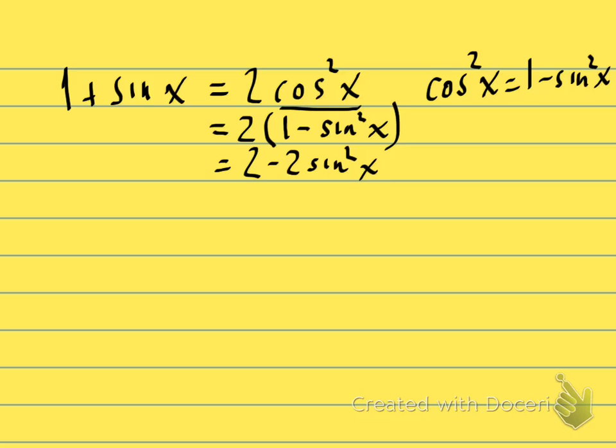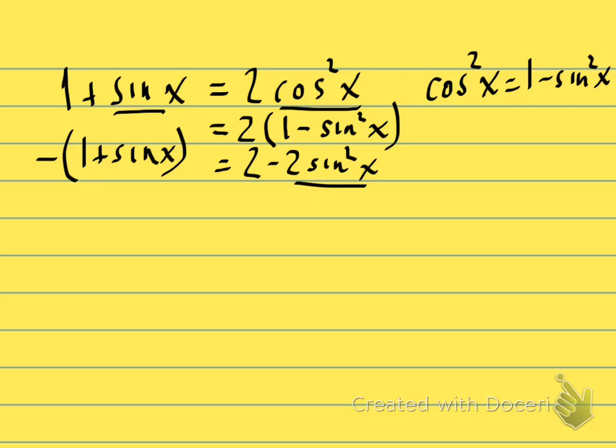Well, it's still looking kind of complicated here, but at least I got everything in terms of one trigonometric function, sine. So now, though, I notice that I've got sine and sine squared. Perhaps this is in sort of a quadratic form here. Let's just try subtracting this whole left side of the equation. Subtract 1 plus sine x from both sides.